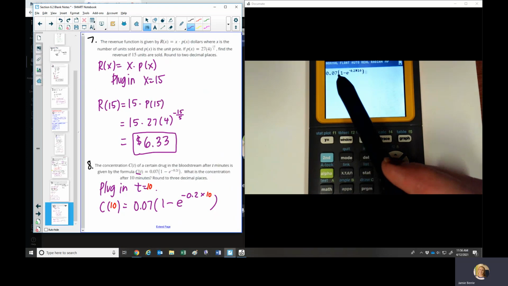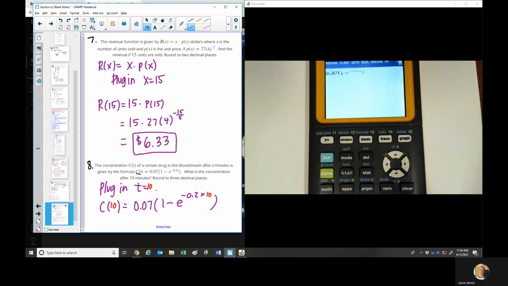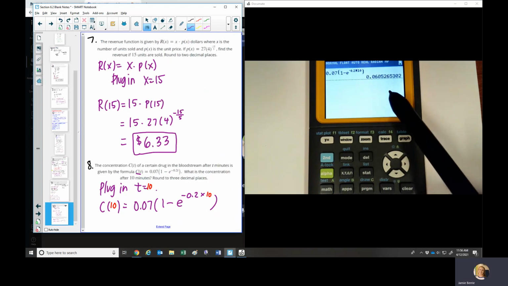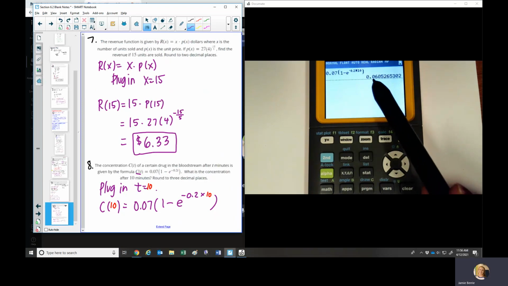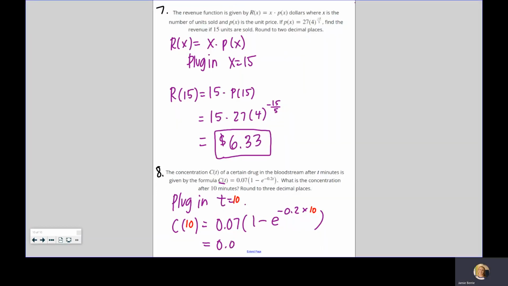So there it opens, here it closes. There you go. That's the concentration of the drug after 10 minutes. They said 3 decimal places, so that would be 0.061. They didn't tell us the units or anything, so we can leave it just like that. We're done.